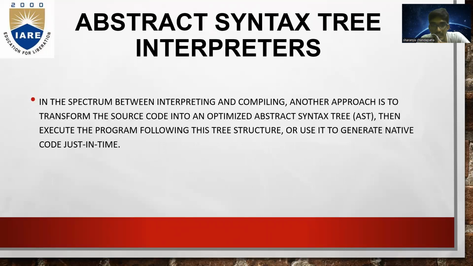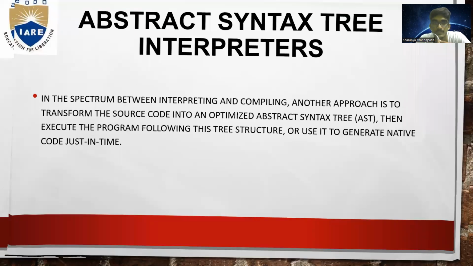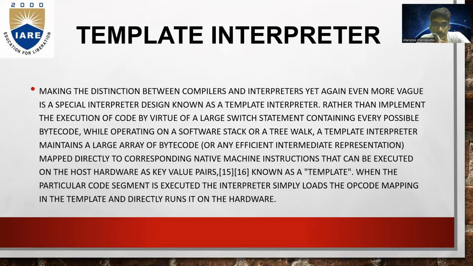Abstract syntax tree interpreters. In the spectrum between interpreting and compiling, another approach is to transform the source code into an optimized abstract syntax tree, AST, then execute the program following this tree structure, or use it to generate native code just in time. Template interpreter.